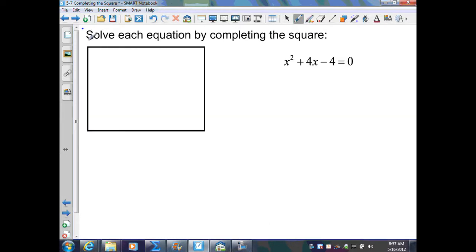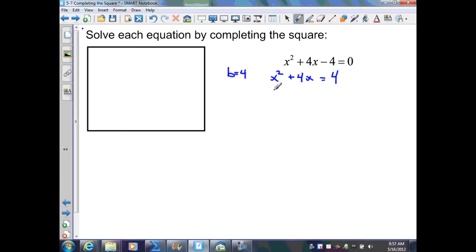In this example, they want me to solve each equation by completing the square. From the previous procedure, I need to get my constant term on the opposite side of my quadratic and linear term. So I'm going to have x squared plus 4x equals, add 4 to both sides, I get 4. Now I want to complete the square. My coefficient of my linear term is b equal to 4.